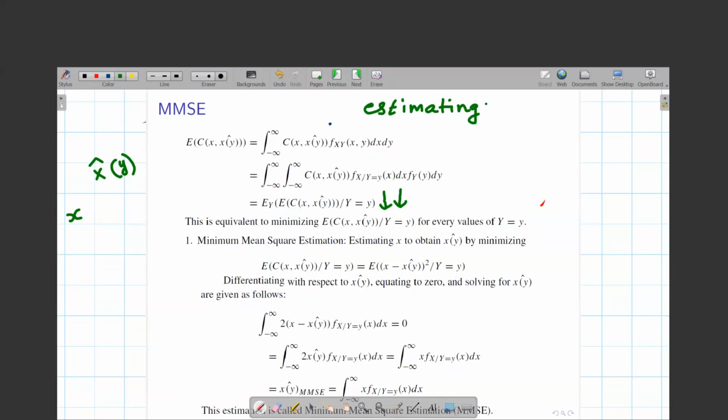You are interested in estimating x based on the observation of y. So the original value is x, and you are estimating that x as x cap of y.